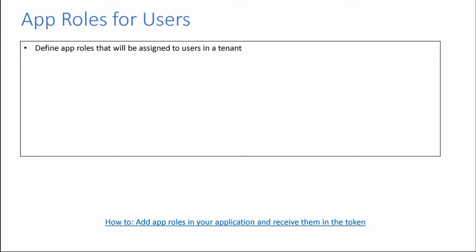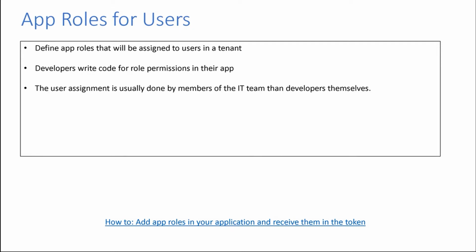The app roles that are defined for users are the ones that you assign to users in a tenant. They're not cross-tenant. And once the definition and assignment are taken care of, developers would have code in their applications that takes actions according to the app roles that the user signing in presents in their tokens.